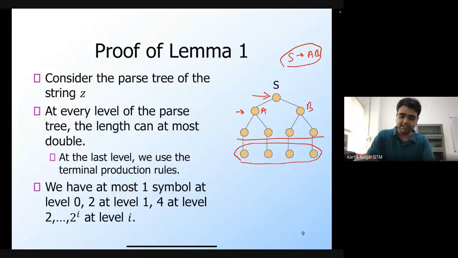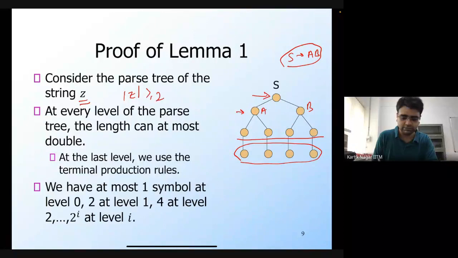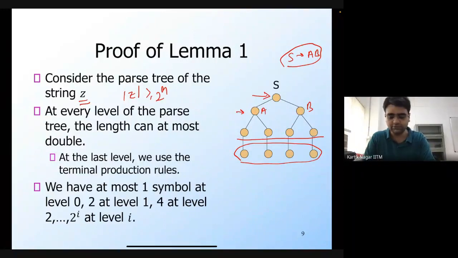And I know that at the end, we took the length of the string z to be greater than or equal to 2 to the power m, where m was the number of non-terminals that are present in the grammar. So this means that in order to get this length of string z, this particular length must be at most m.